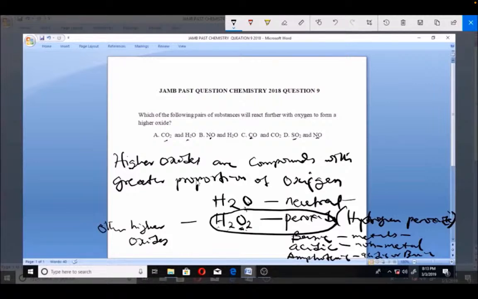So these two can actually oxidize something that has normal oxygen into a higher oxide. So I think option A is a suitable answer for this. D would have been because of SO2, but considering NO, that is why I picked option A. Thank you.